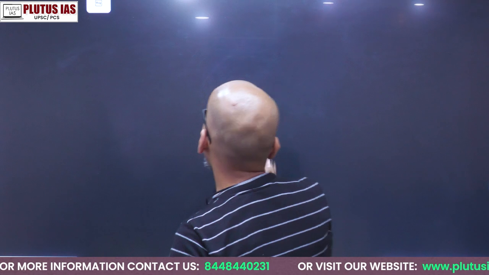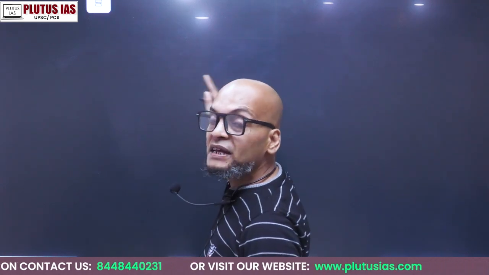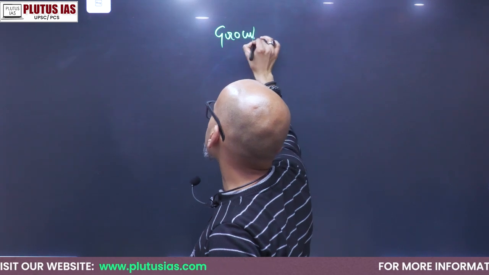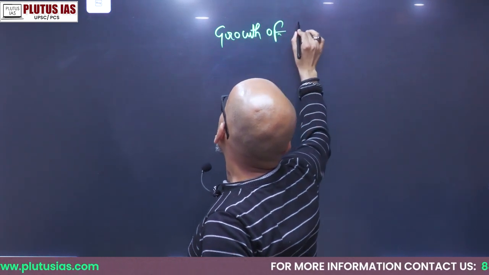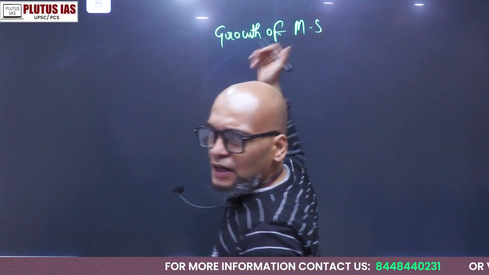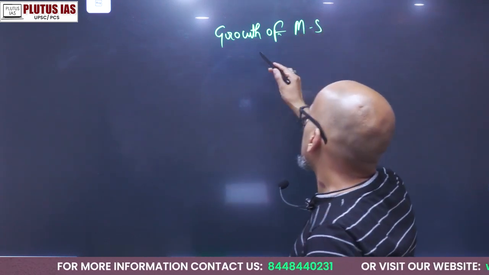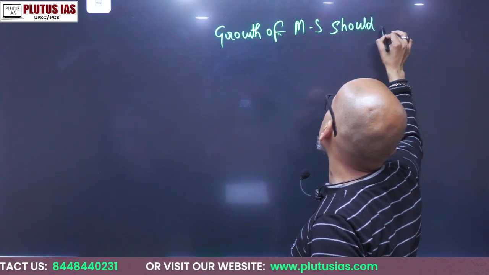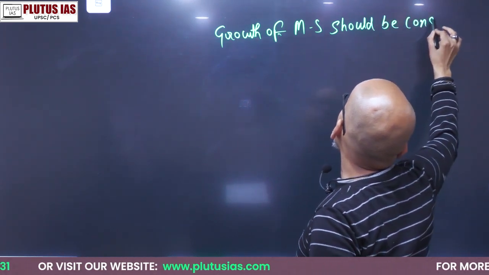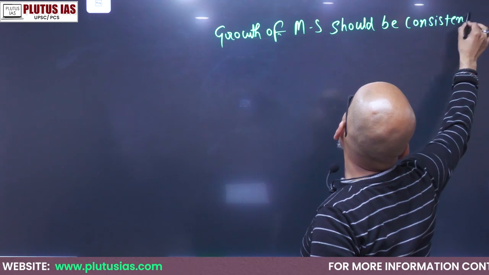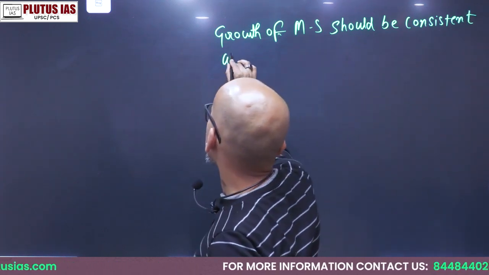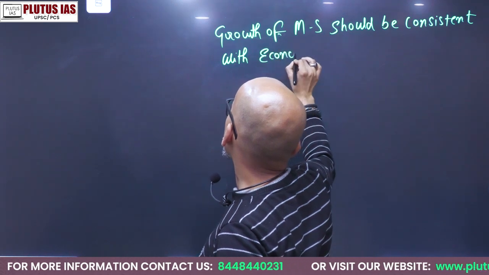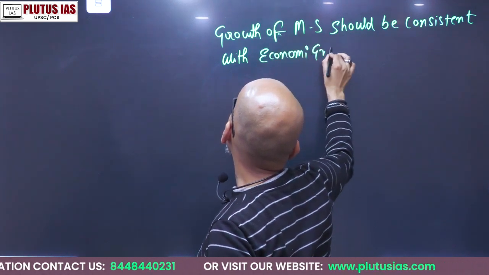I am going to write it here, that RBI has to keep in mind that growth of money supply, MS short form I am using for money supply, growth of money supply should be consistent with economic growth.